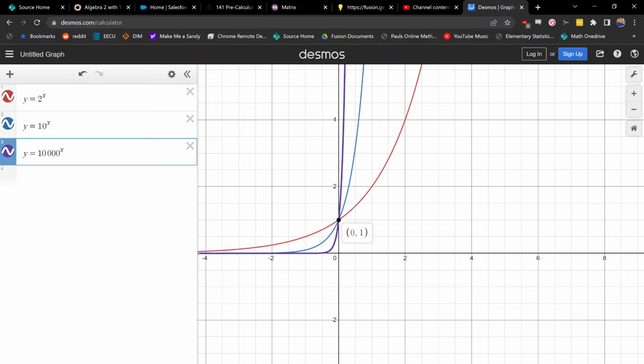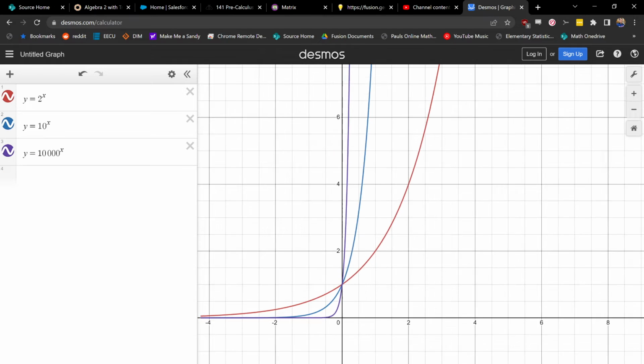We're plugging in 0 for x. So what's 2 to the 0? Well, 1. Right. Anything to the 0 power is 1. So that's why it always crosses at 1.